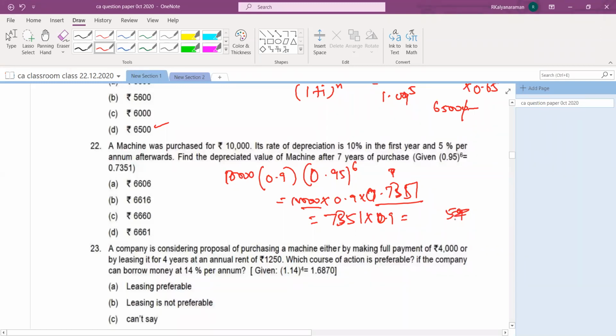Whatever, you can calculate and find the answer. I think around it's 6,616. Can you check the answer? So I think it is 6616.